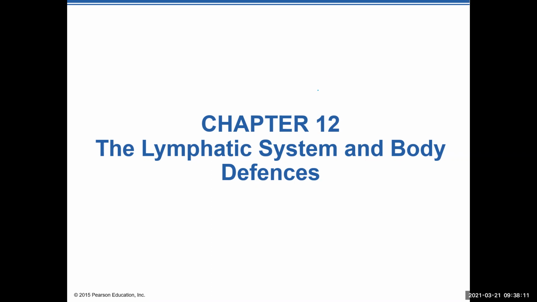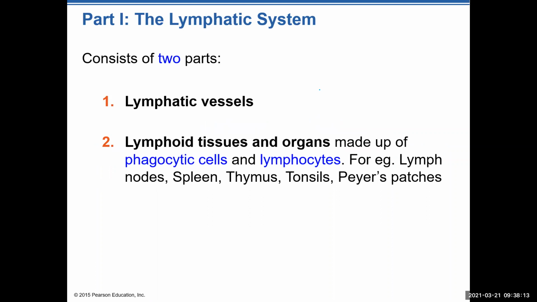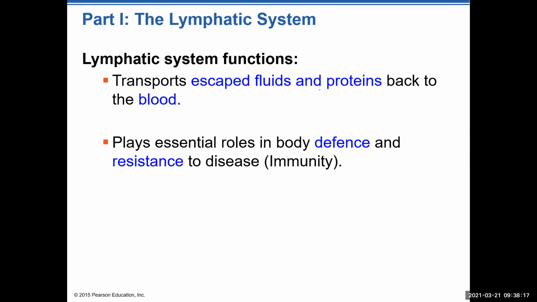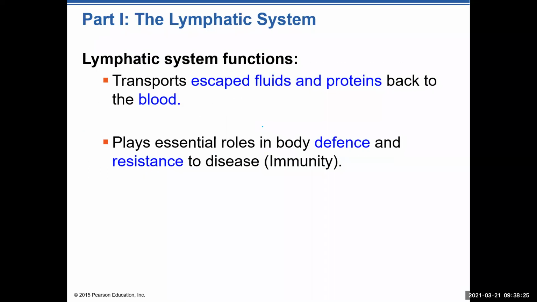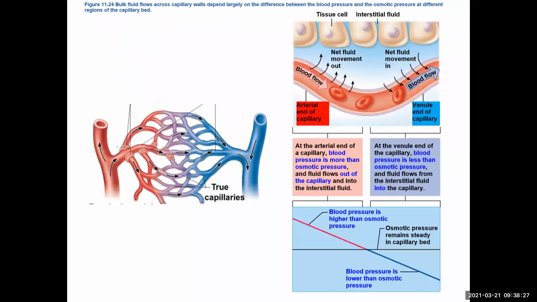So, in the lymphatic system, we spoke first of all about the functions. What is the main function of the lymphatic system? We said that the main function is that whatever fluid is lost, if you remember, I explained that when there's high blood pressure on the arterial end, the fluid escapes out of the capillaries into the interstitial spaces.